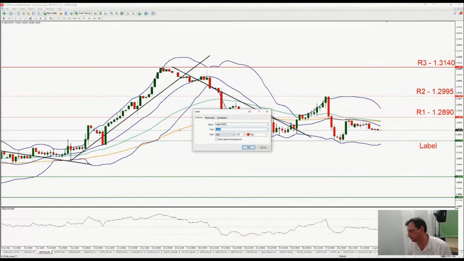First support line being placed at 1.2775. Let's switch that in green.